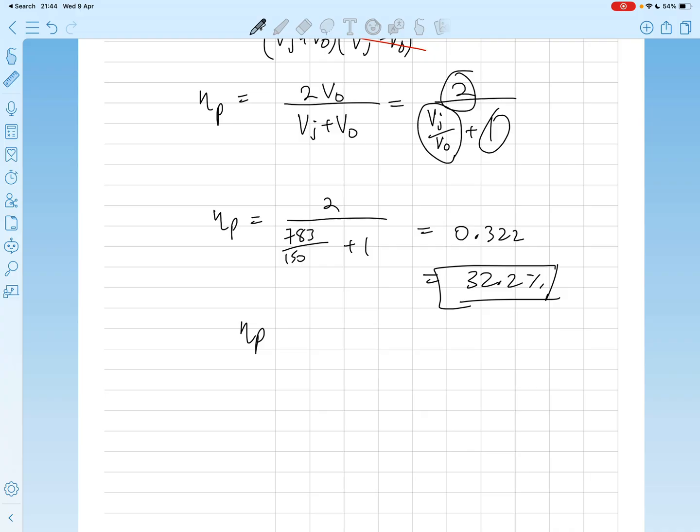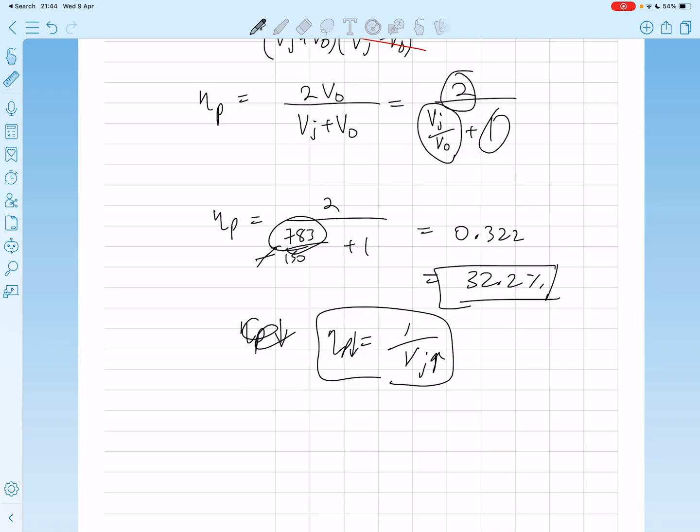And loss of efficiency, just a fun fact, is inversely proportional to the jet velocity. This is high, this is low. This is pretty high, around Mach 2 point something. So that's why you get a lower propulsive efficiency.